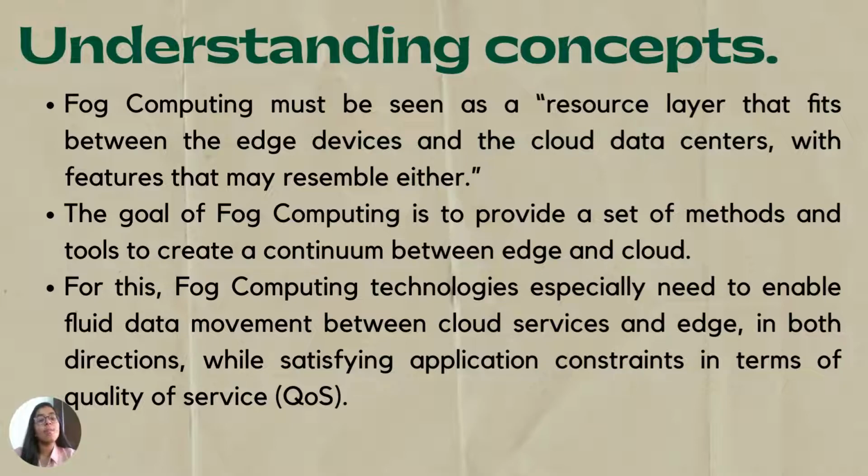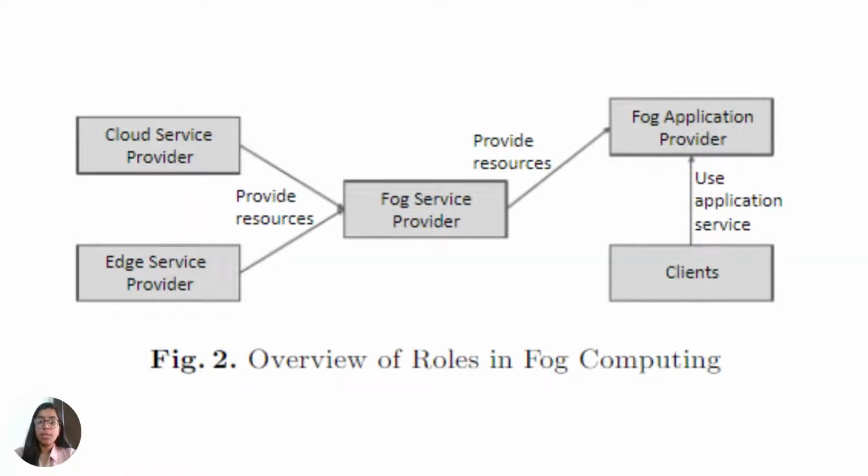For this, fog computing technologies especially need to enable fluid data movement between cloud services and edge in both directions, while satisfying application constraints in terms of quality of service. Such data movement may also be accompanied by a movement of computation, both in the same way and in a complementary fashion compared to data movement.